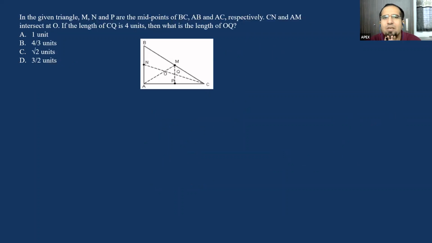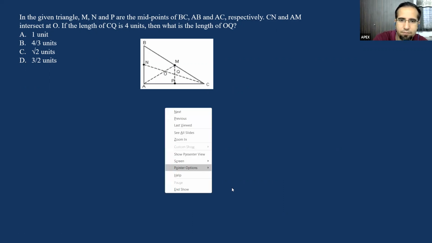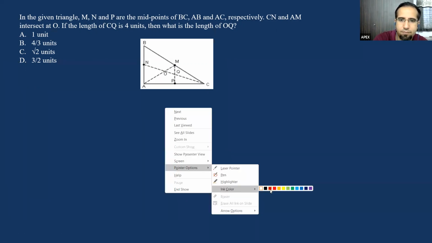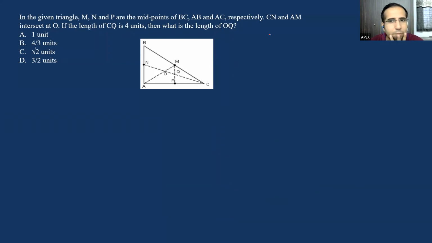Now, this is also a very interesting question. In the given triangle, M and P are the midpoints given to us. Okay, so let me change the color of the ink here. So CN and MP intersect at O. And then what is the length of OQ is asked.